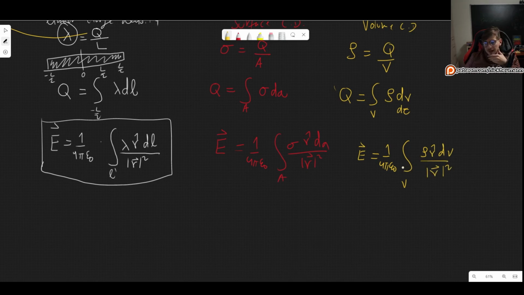Again, you may see notation a little bit different. Some people write the r vector as r minus r prime. But it is perfectly equivalent, and I will show you how to deal with this in the next few videos where we do a few examples.